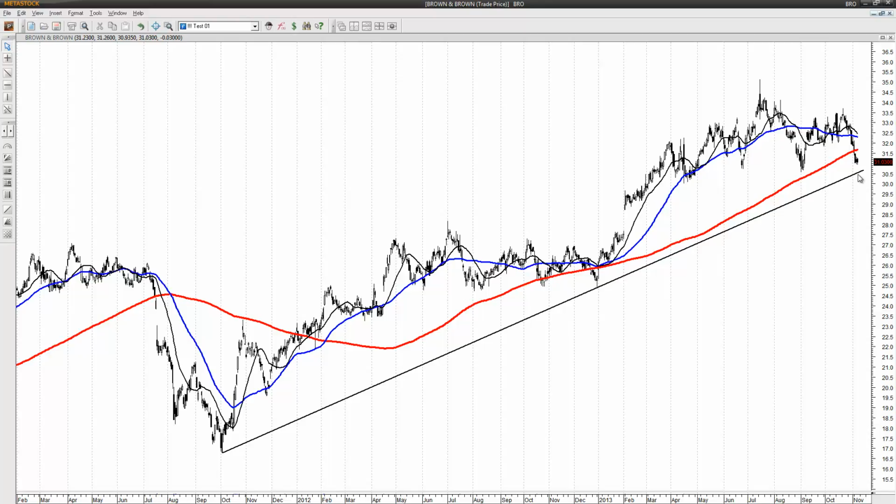When I charted this earlier, I came up with the exact price of 30.55, and that's also what I'm using, this trough around here. That's the level I'm going to use.